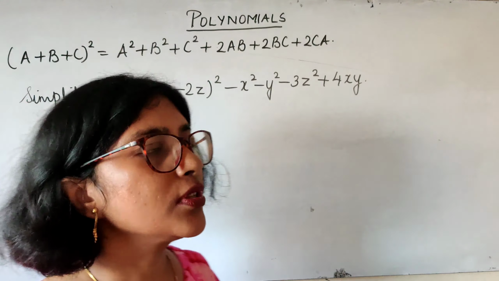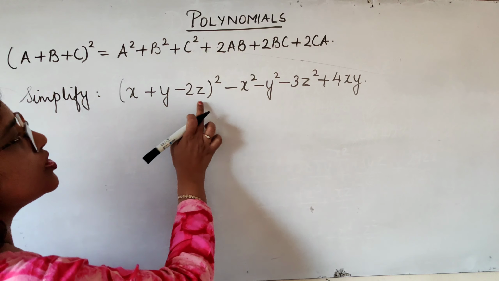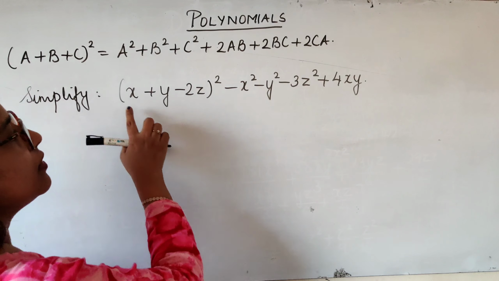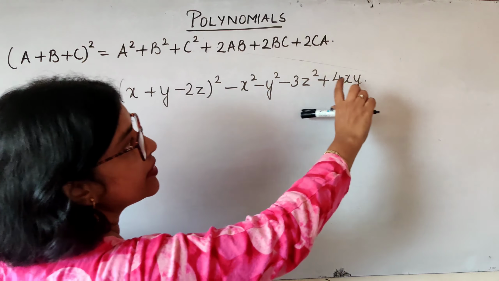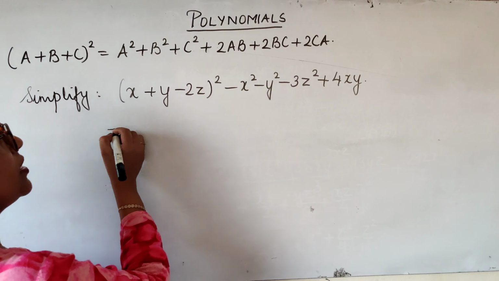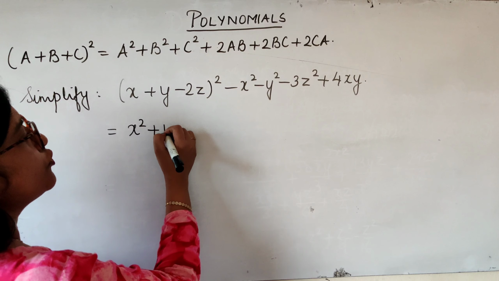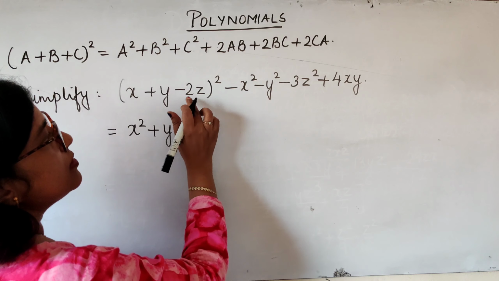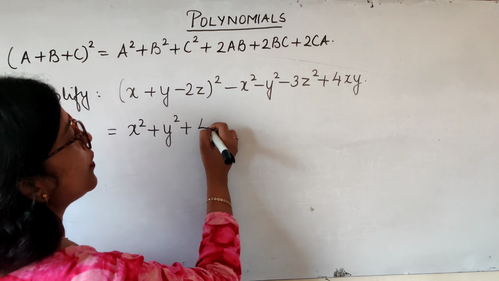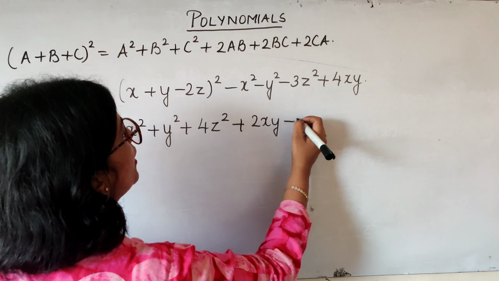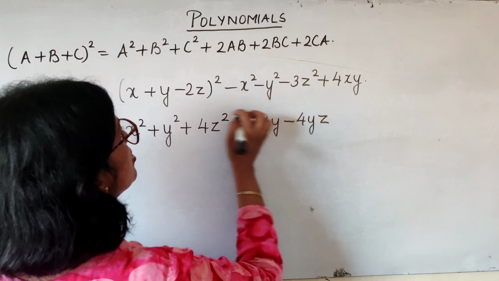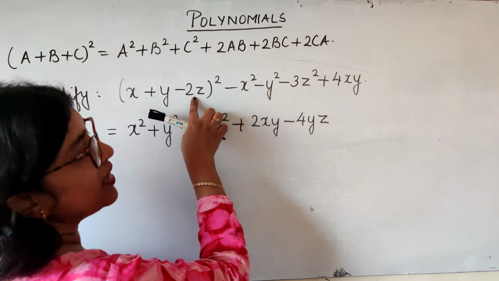So here we are with the next question, in which we just have to simplify or put an identity for this one. The rest is already given as it is, we have to write. So applying the identity for the first one. So minus 2z the whole square. Then we have 2xy. Now it will become minus because we have 2 into y into minus 2z.